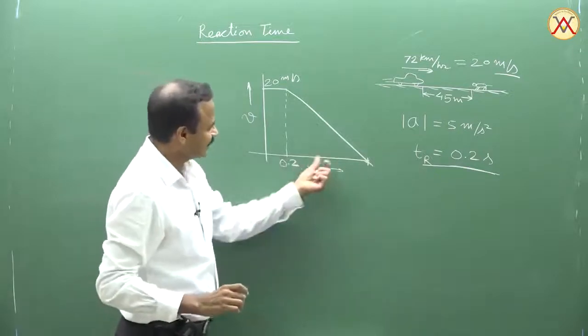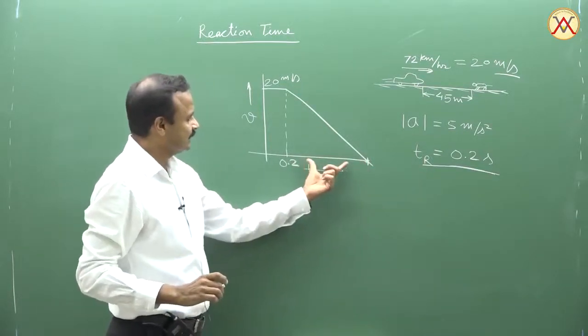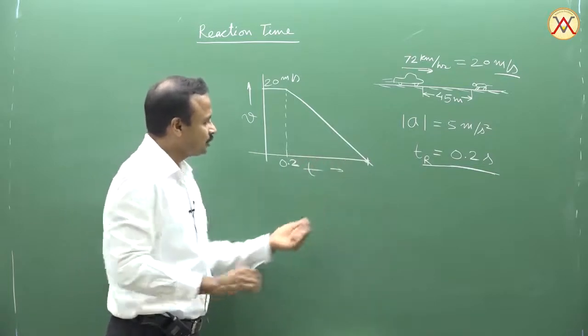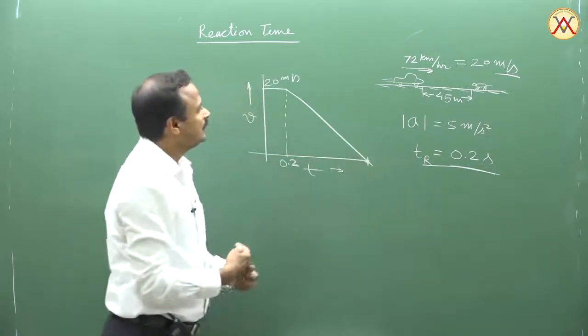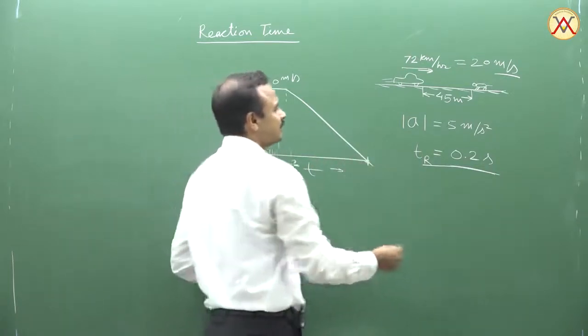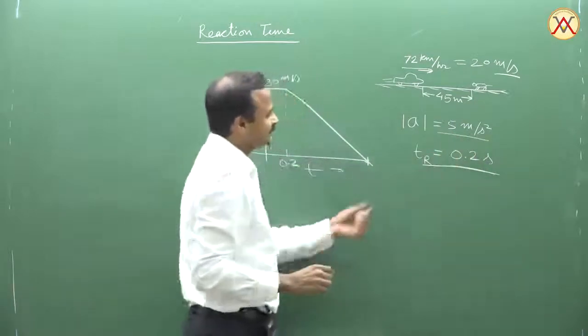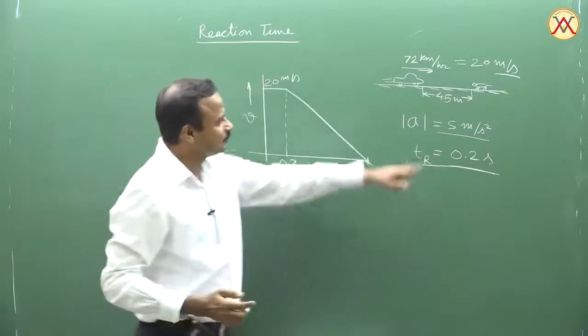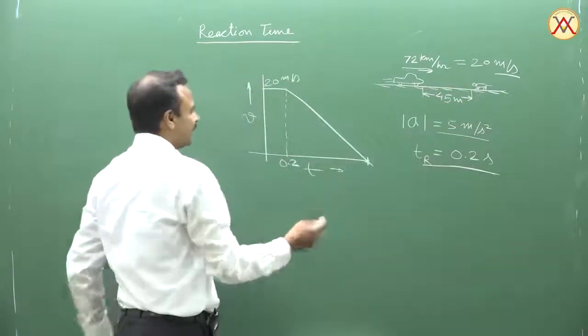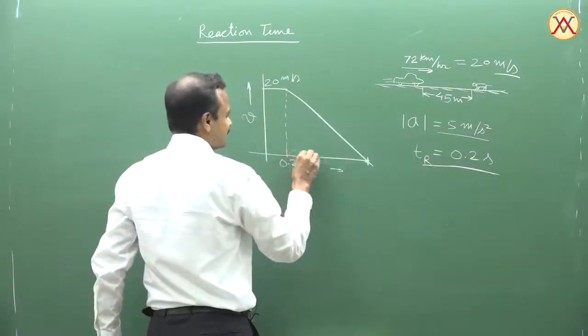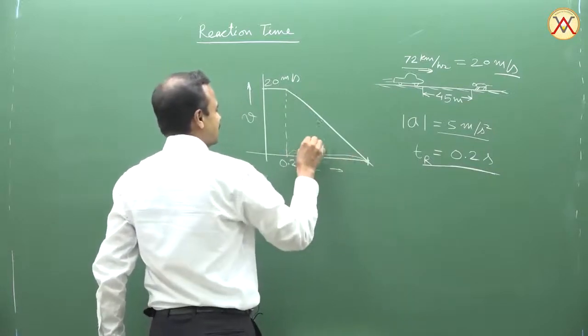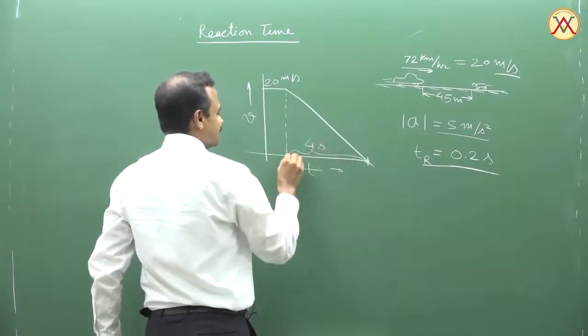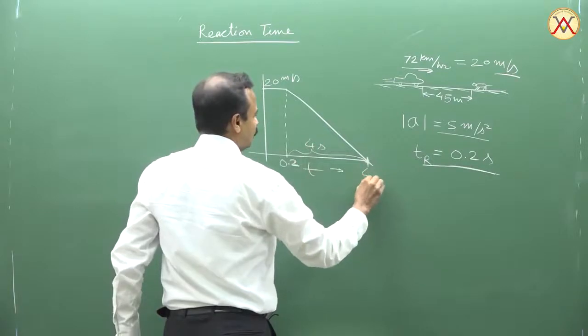Now, how much time will the vehicle take in coming to a complete stop? We can easily calculate. The speed will drop by 5 meter per second every second. So from 20, it will take 4 seconds. So this time duration here is 4 seconds. So the total time here will be 4.2.